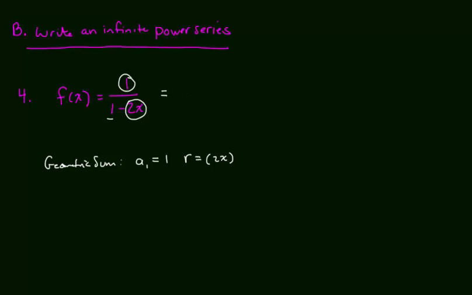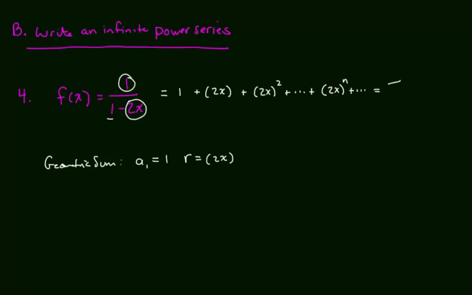So this function then, written as a power series, well, we can write the first term as 1 plus 2x plus 2x squared plus dot dot dot plus 2x to the power of n plus dot dot dot.